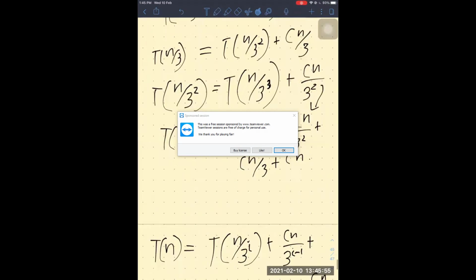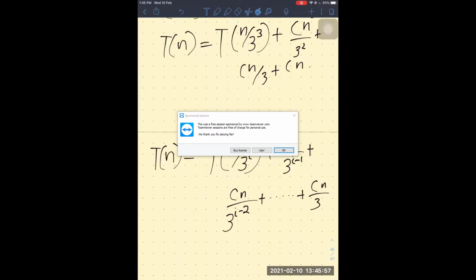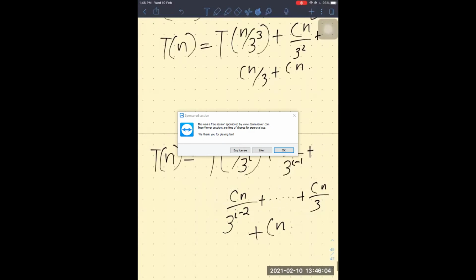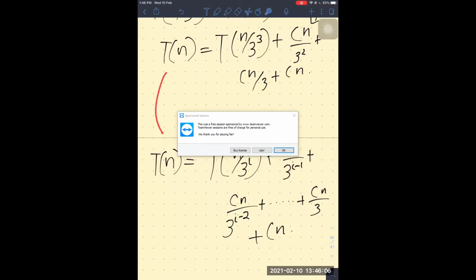No, actually c of n, plus c of n. Yeah, this will be the final term. So does this make sense? It comes from this one, we are generalizing it.